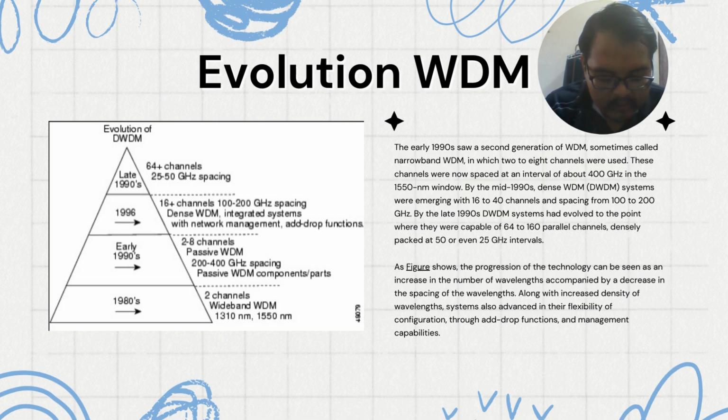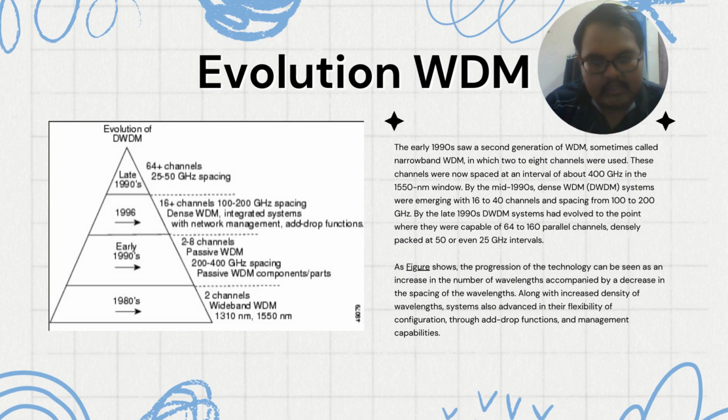By the mid-1990s, dense WDM systems emerged with 16 to 40 channels and spacing from 100 to 200 GHz. By the late 1990s, DWDM systems had evolved to the point where they were capable of 94 to 160 parallel channels, spaced at 50 or 25 GHz intervals.